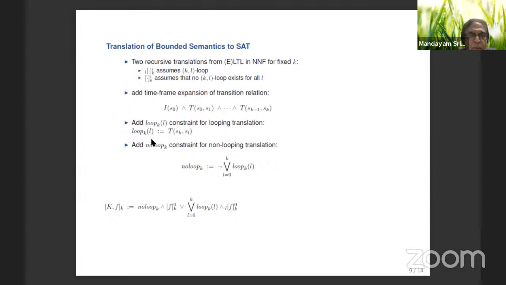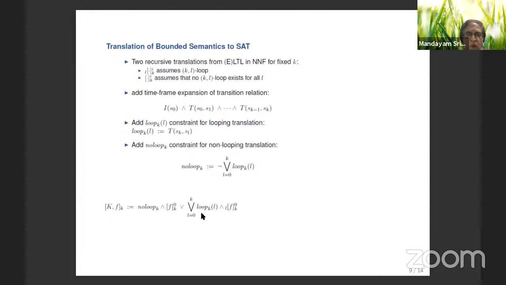The loop, given some L less than or equal to K, is defined as SL being a successor of SK, that there is a backward edge from SK to SL. So there is no loop if none of the successors of SK occurs in the part that you've already seen.